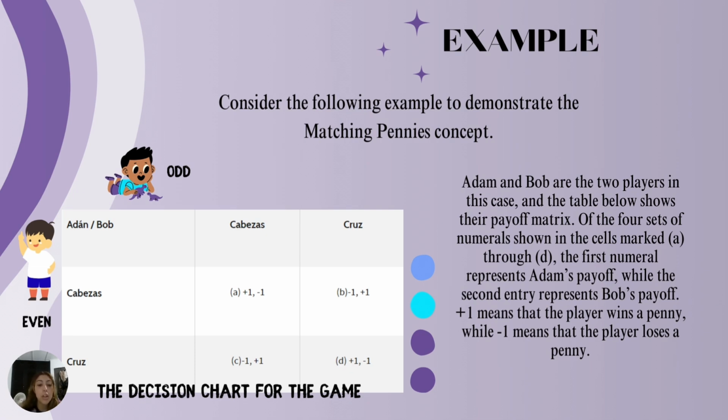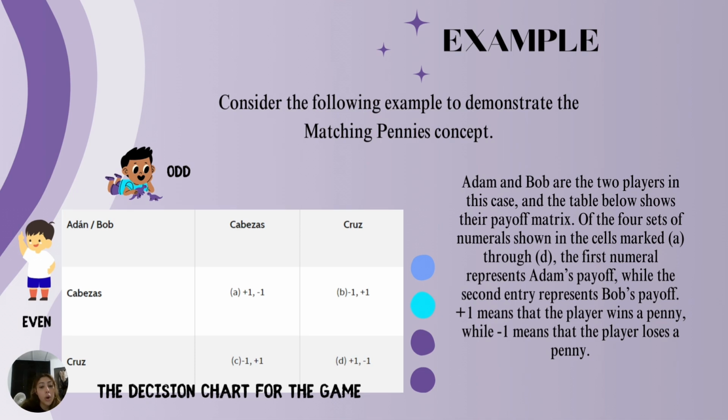I would like to remind you that in this game, one player wins when two coins match, and the other wins when the coins do not match. So we have to pay attention to who is Adam and who is Bob. This is Adam and this is Bob. Adam has the even and Bob has the odd.